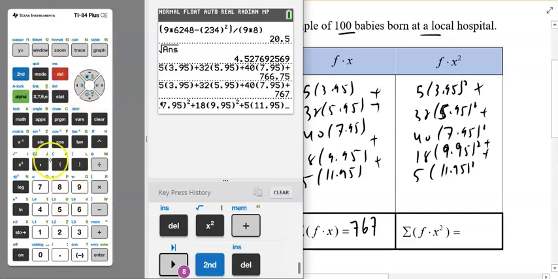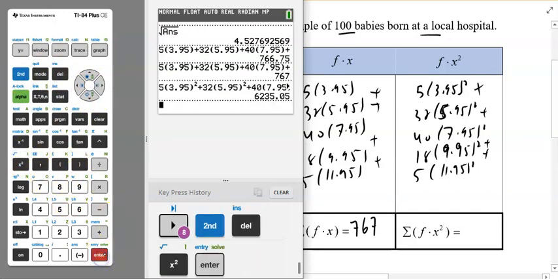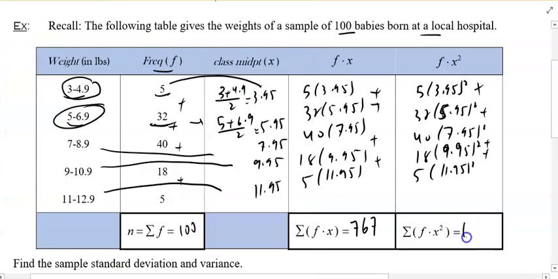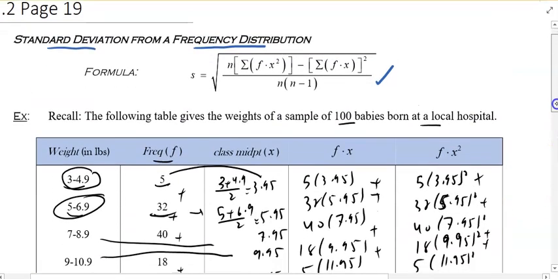And if I insert a squared and hit equal, that should give me 6,235.05. There. That's what I need for this.